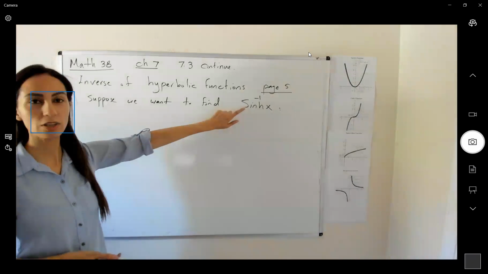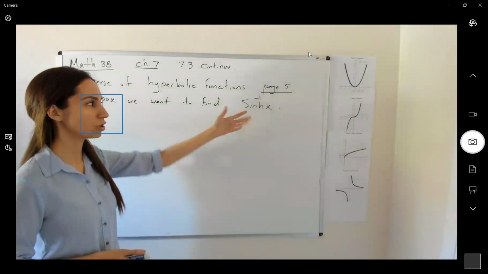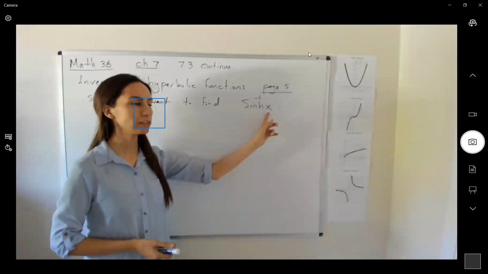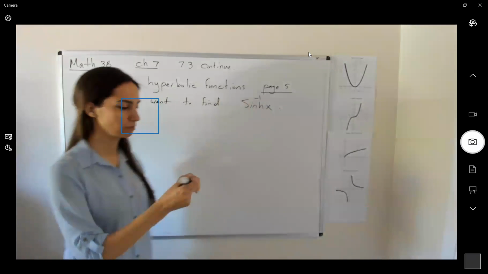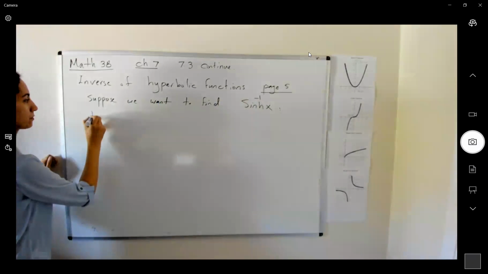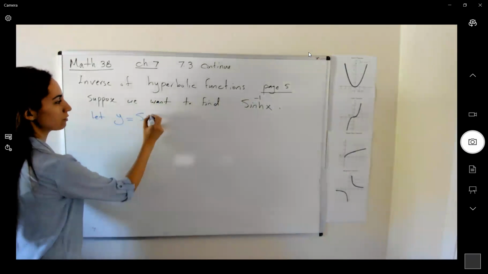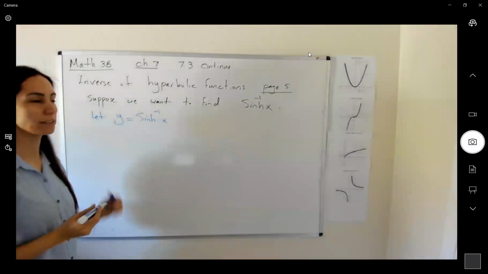So our goal is to find the inverse of hyperbolic sine. In general, to find the inverse of any function, your goal is to isolate your independent variable x on one side. So let y be the inverse of hyperbolic sine of variable x.